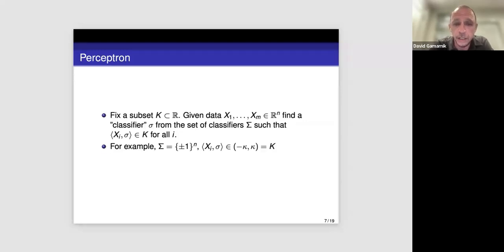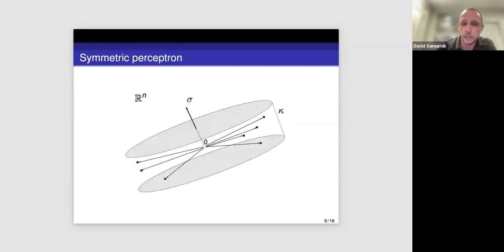And the subset is just the interval from minus kappa to kappa. So I'm just formalizing the previous picture, where every inner product needs to be in the interval, it has to have an absolute value at most kappa.